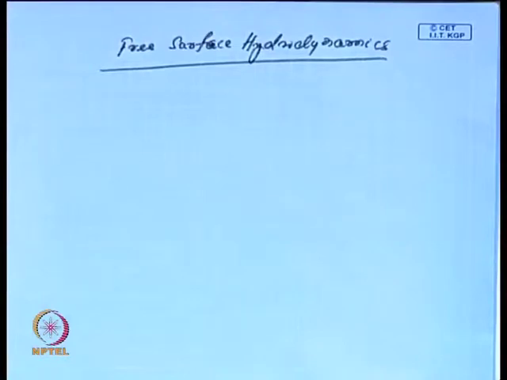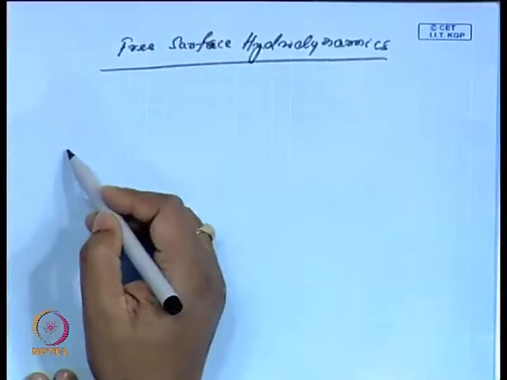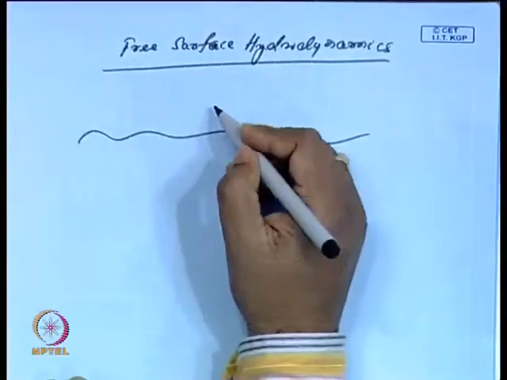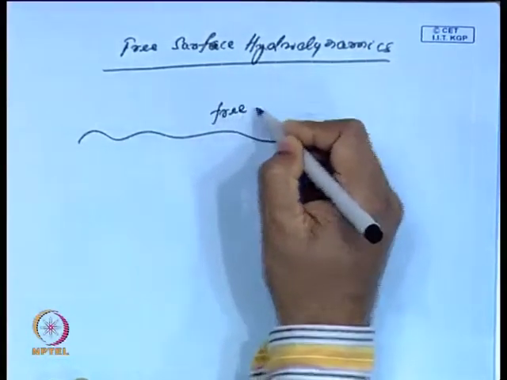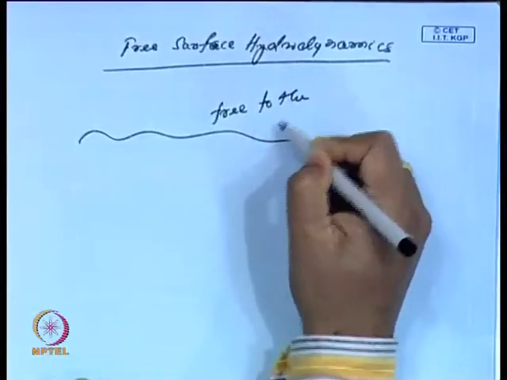Basically, free surface means the surface is free to the atmosphere.